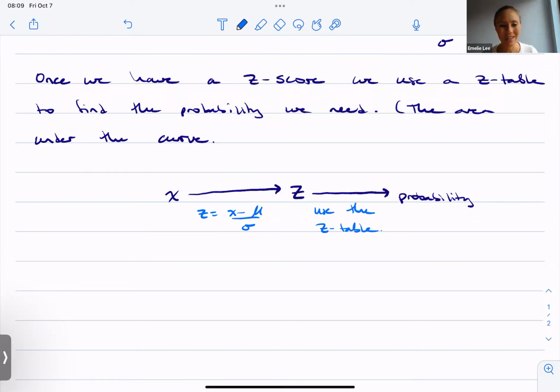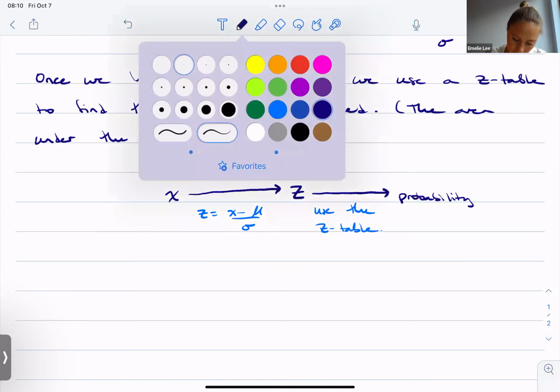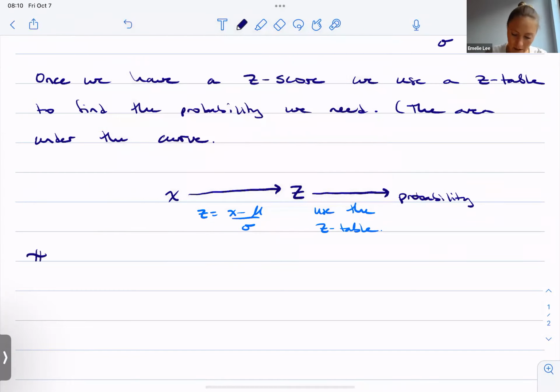Okay. So now it's not that crazy to think, and this is kind of the end of the review, that if I give you a probability, so I give you some area under the curve, then you can turn that into a z-score just using the z-table, but now you're going to backtrack.